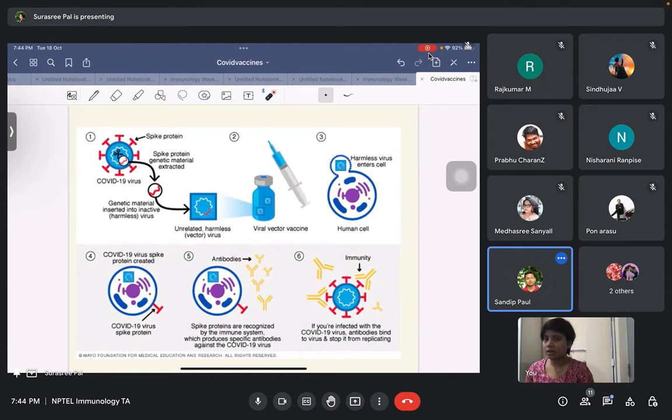Okay. Am I clear? But for a DNA vaccine, first it should go from DNA to RNA, and all this translation has to happen, right? You are correct, for this also it happens, but it does not happen in the nucleus. These plasmid DNAs are not replicated inside the nucleus.